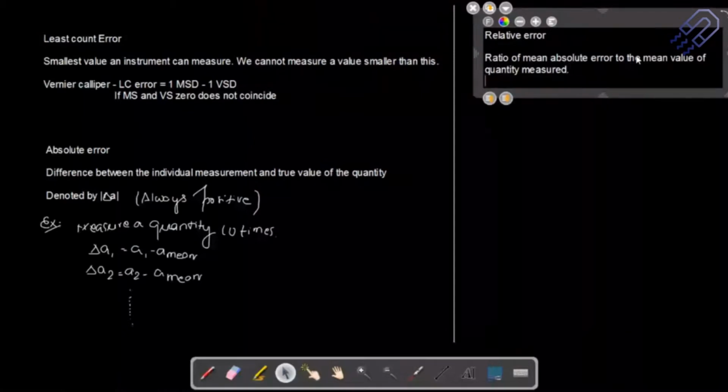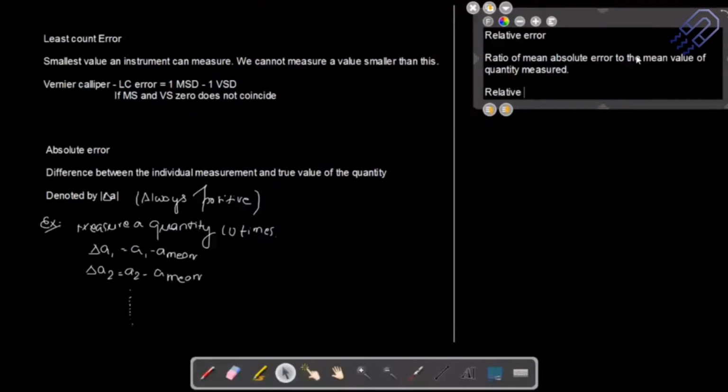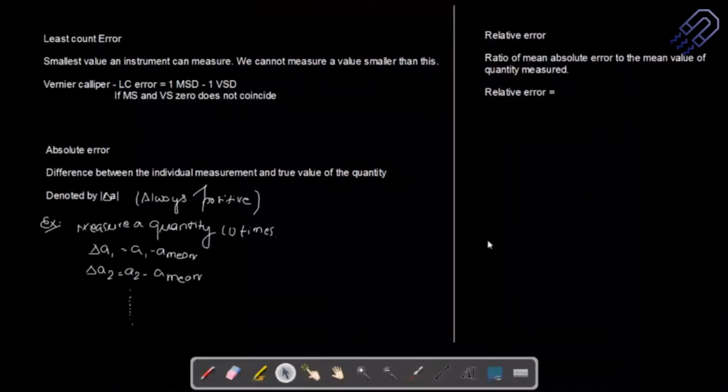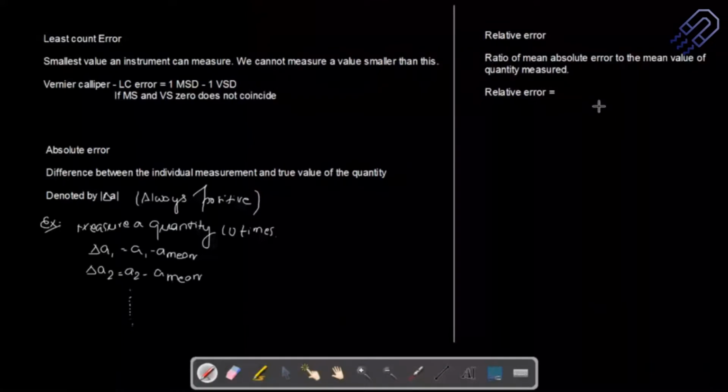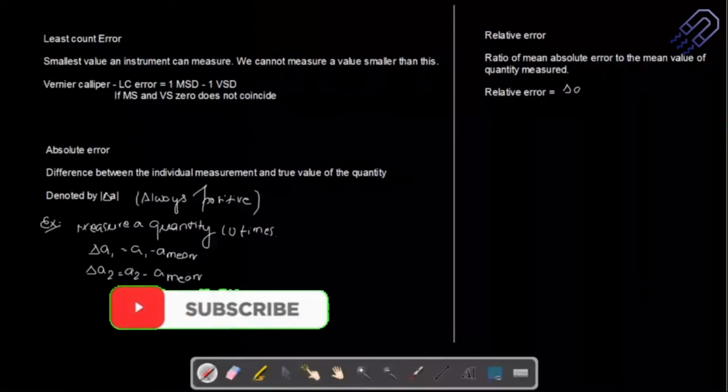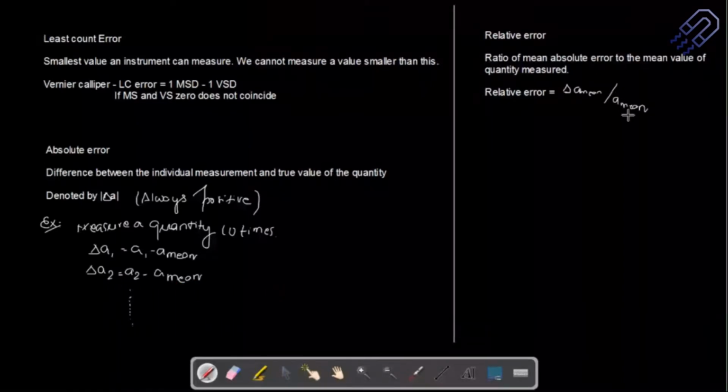So if I write down the relation, relative error is equal to delta A mean divided by A mean. This is something which we keep on doing, but sometimes we miss out what the term exactly is. These values, you can take the mean of them. So maybe we can take the similar example, measure 10 times.